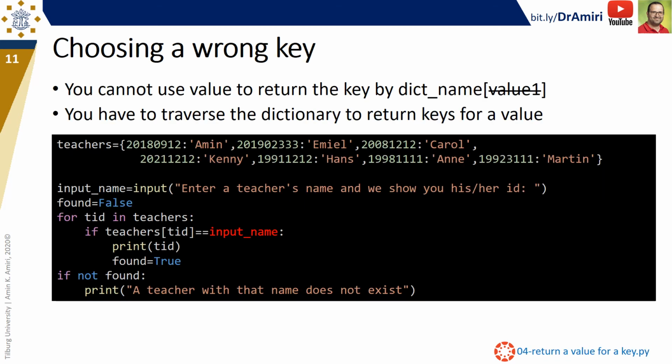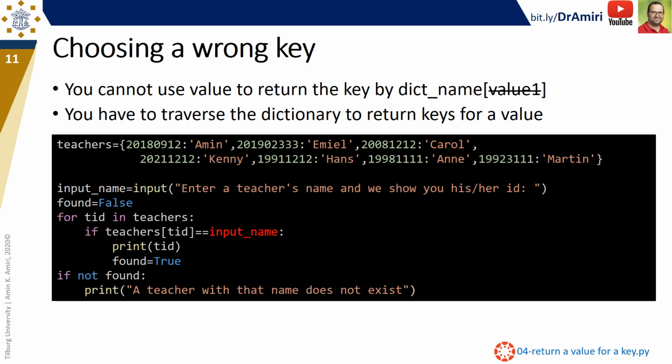Okay, it is very important that you choose the correct key. If you want to give the teacher ID and get the teacher name, teacher ID must be the key and teacher name must be the value.